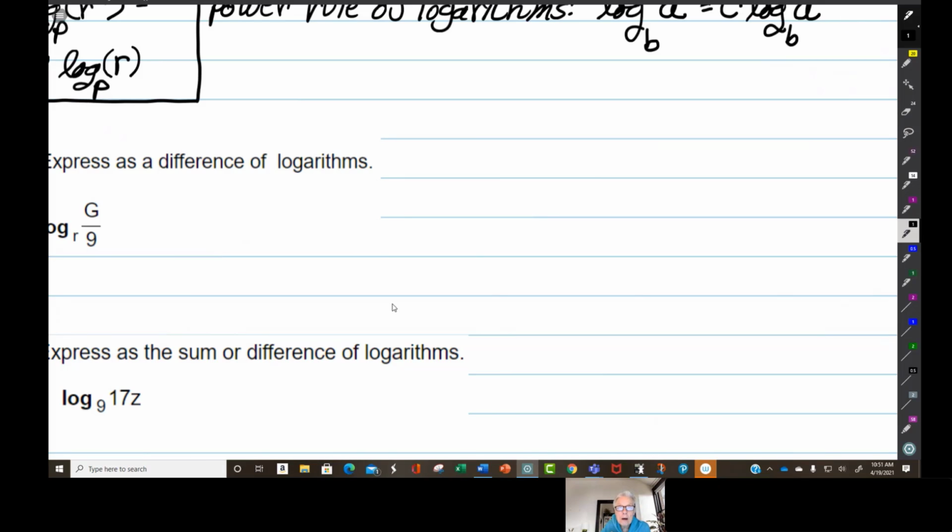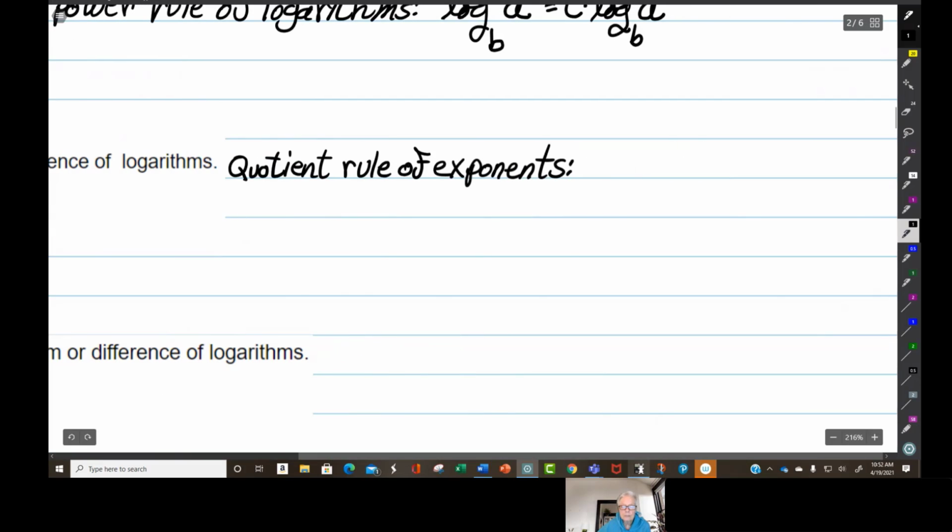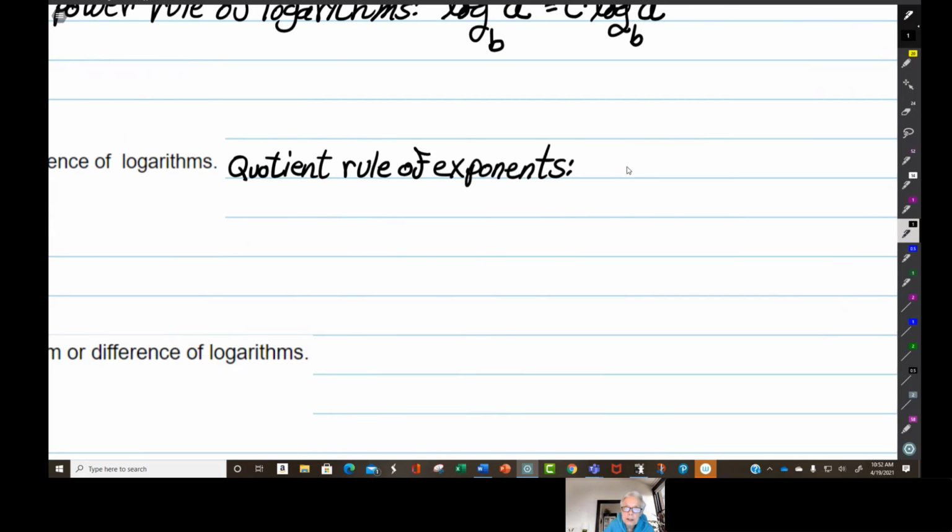The quotient rule of exponents. Okay, you've seen this a million times.